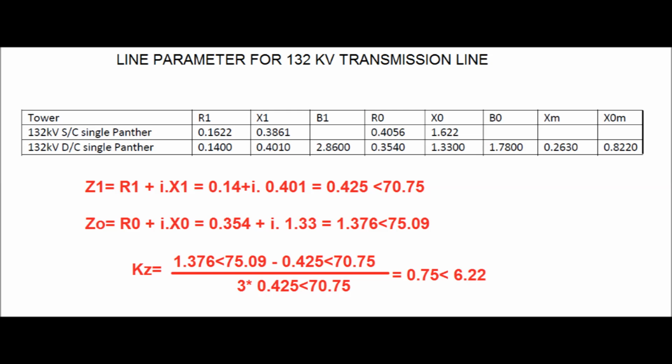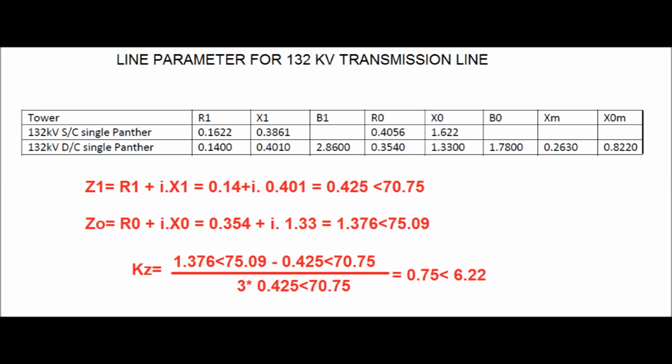Now Z0 is the zero sequence impedance of the transmission line, which comes as Z0 equal to R0 plus j into X0 equal to 0.354 plus j into 1.33, which comes as 1.376 at an angle of 75.09 degree.